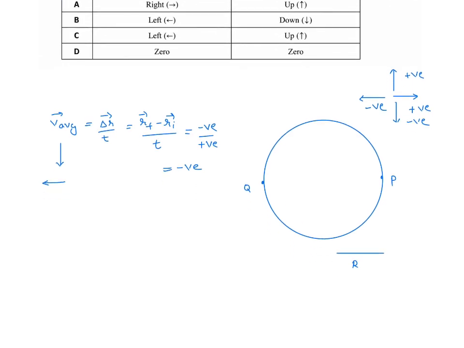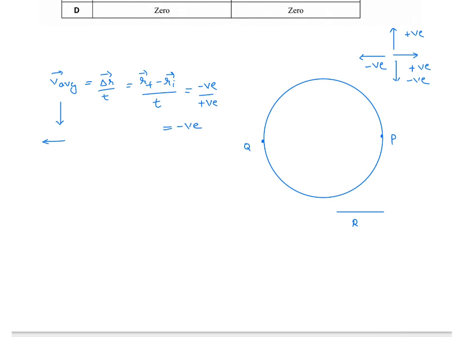Now let us see direction of average acceleration, and this is where most of the students commit mistake. So the particle was initially moving like this, and at point Q, it was moving, but in downward direction. About average acceleration, we can say it is nothing but change in velocity upon time, which means V final minus V initial upon time taken.